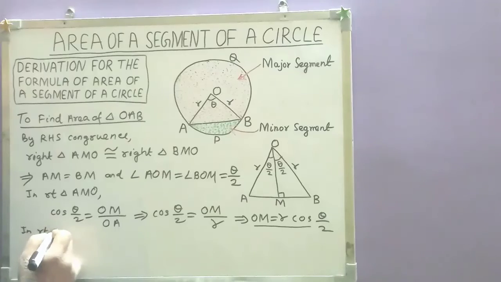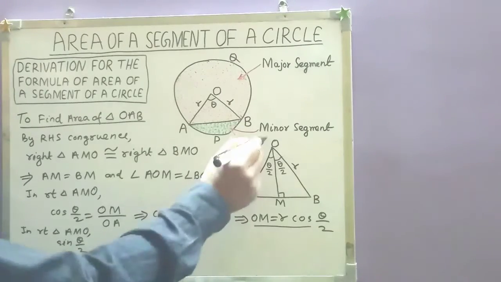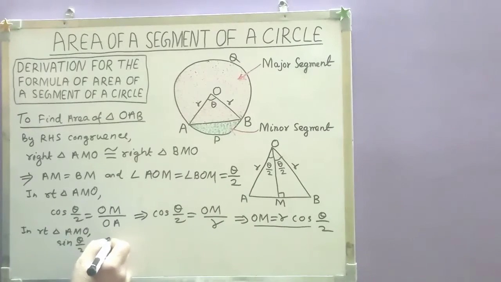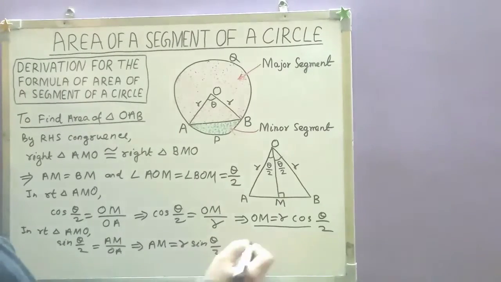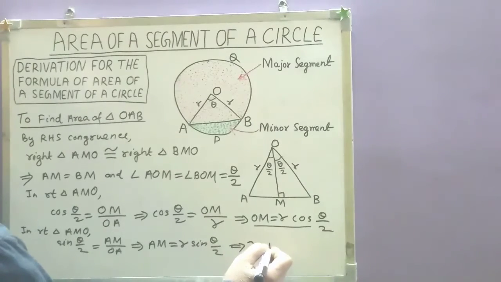Also, in right triangle AMO, sin theta upon 2 equal to AM upon OA. That implies that AM equal to R sin theta upon 2.